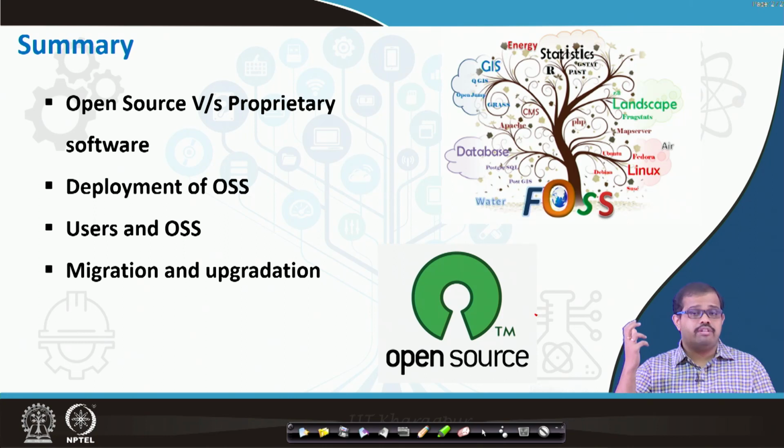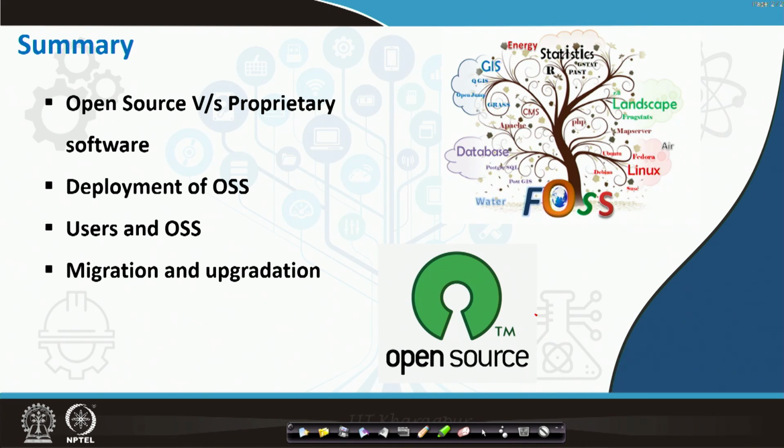Security is also an aspect you have to consider, and open source software is quite secure, more so than proprietary software. And if you look at migration and upgradation, open source software today has an extensive community which looks at migration and upgradation, so there is absolutely no issue or lacuna in terms of migration and upgradation. So this is what it is about open source software.